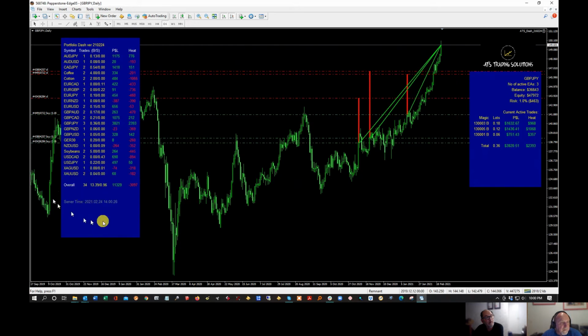So our server is obviously sitting in a different time zone than we are, but this gives you an idea of where you are in your bars as well. Now we trade off the daily chart, which is why we're looking at the daily time frame up here, and we can see that we've got another 10 hours or so before the day flips over to the next day.